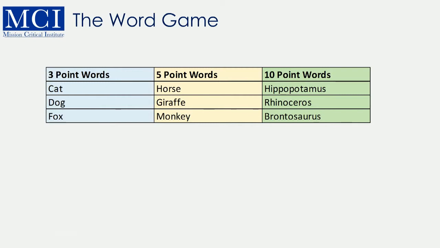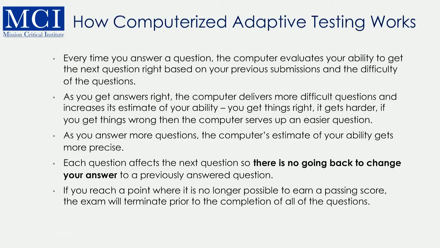So based on the concept of the different levels of difficulty of words, let's take that now and apply it to the concept of adaptive testing. What happens with this? You have a computer-based test, and candidates are going to be presented with questions tailored to their ability. And it works in a certain way, okay?